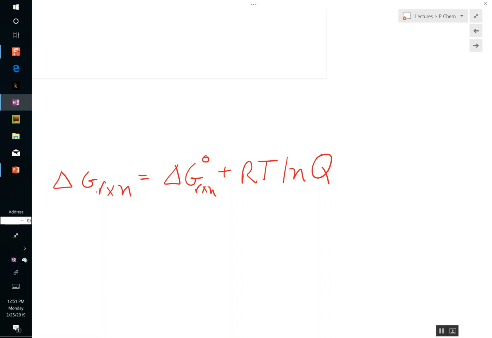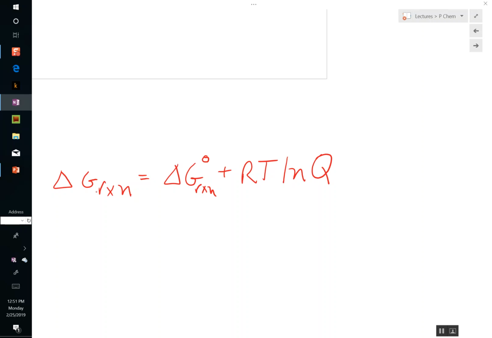This is a constant. For a particular reaction, written in a particular way, the number of moles of whatever involved in that reaction, you're going to get a delta G naught of reaction, a standard change in free energy for that reaction.